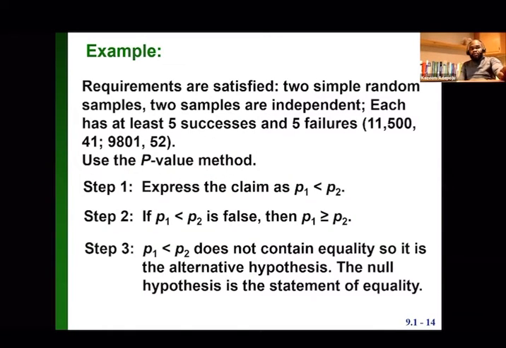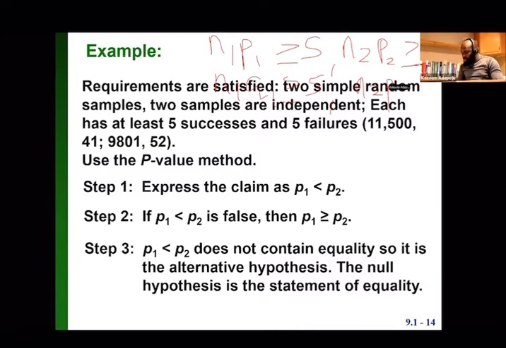If you want to do that, we have steps. In the steps, you first need to investigate whether the assumptions are met: is N1 P1 greater than or equal to 5, is N2 P2 greater than or equal to 5, is N1 Q1 greater than or equal to 5, and is N2 Q2 also greater than or equal to 5.